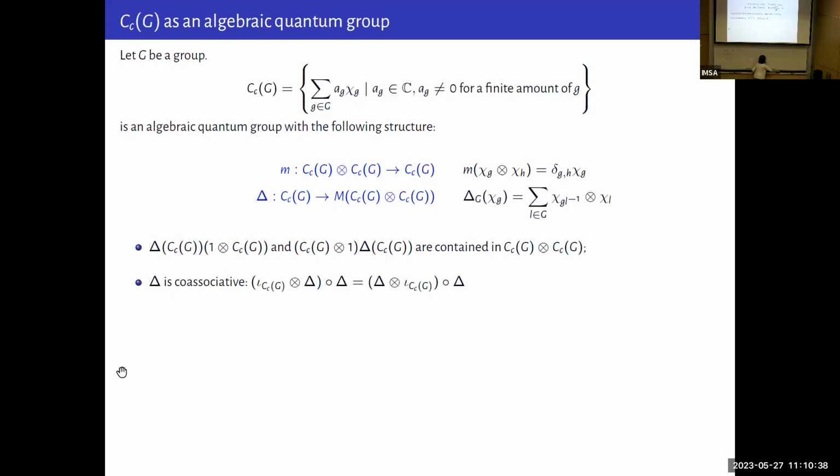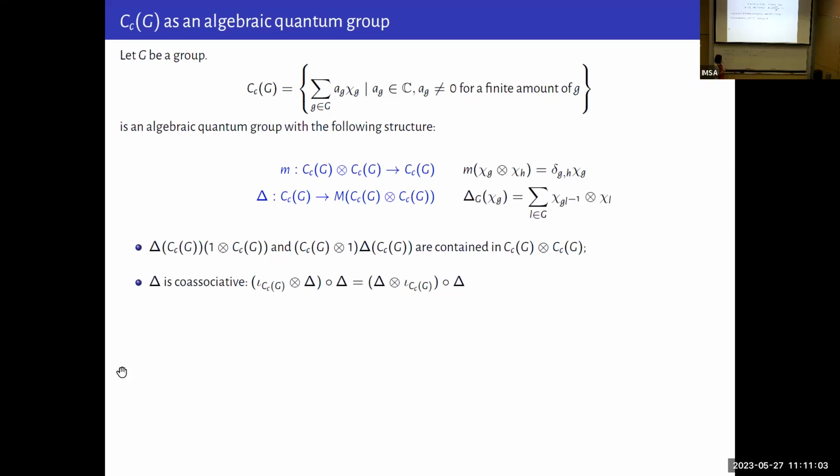What happens if you have two algebras? Have an algebra A and algebra B, both with non-degenerate product. Then we can take the multiplier algebra of A tensor B, but we can also take the multiplier algebra of A tensor the multiplier algebra of B. And this inclusion is compatible with this.